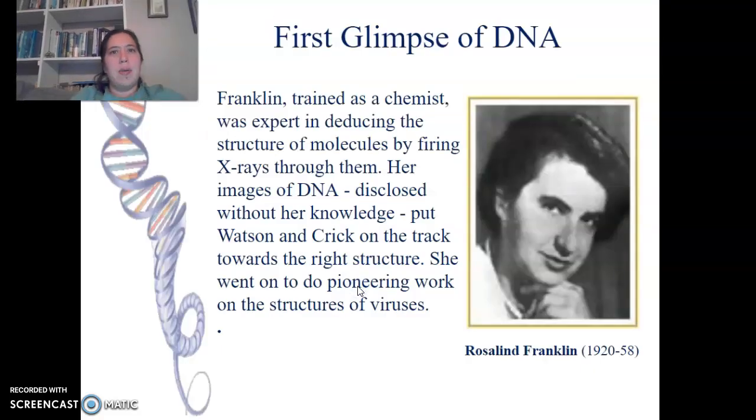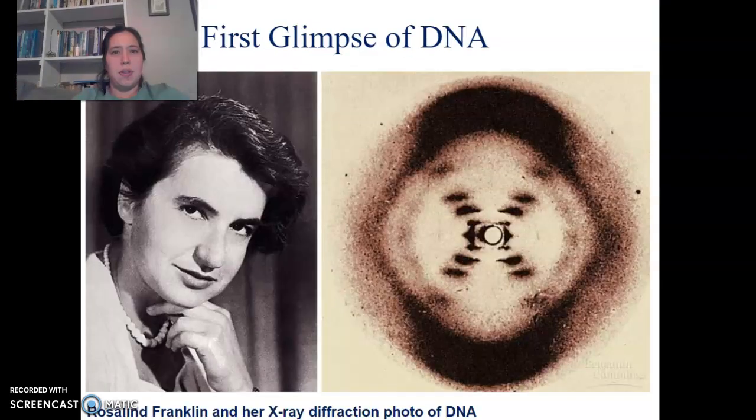All right, to get a better idea of the history of the way that we were able to discover DNA's structure, you can read through the following slides, or you can watch the video in the next assignment. So here's a picture of Rosalind Franklin and her X-ray diffraction photo of DNA, or photo 51.